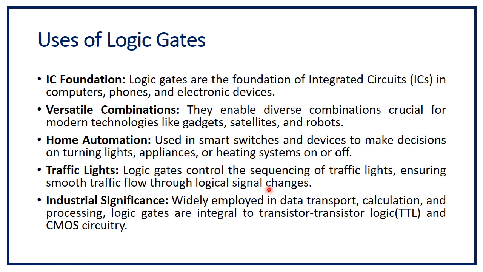So we can say logic gates are also used in traffic lights. Industrial significance. Widely deployed in data transportation, calculations and processing. Logic gates are integral to transistor logic and CMOS circuitry. So we can say logic gates are also used in TTL circuitry and CMOS circuitry. These are some uses of logic gates.